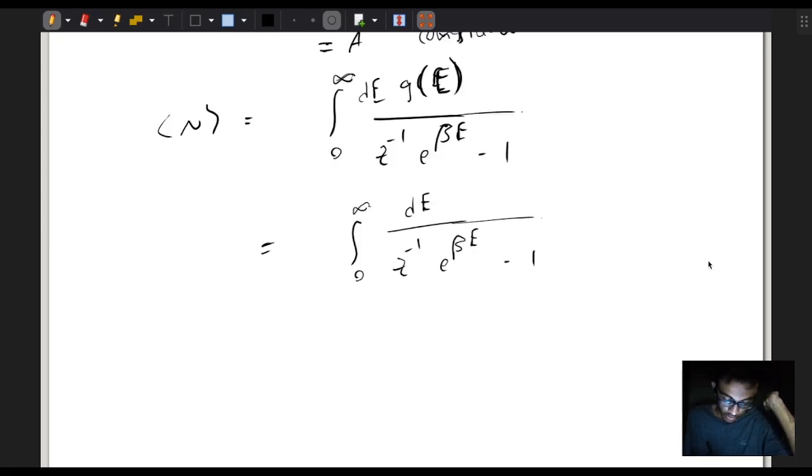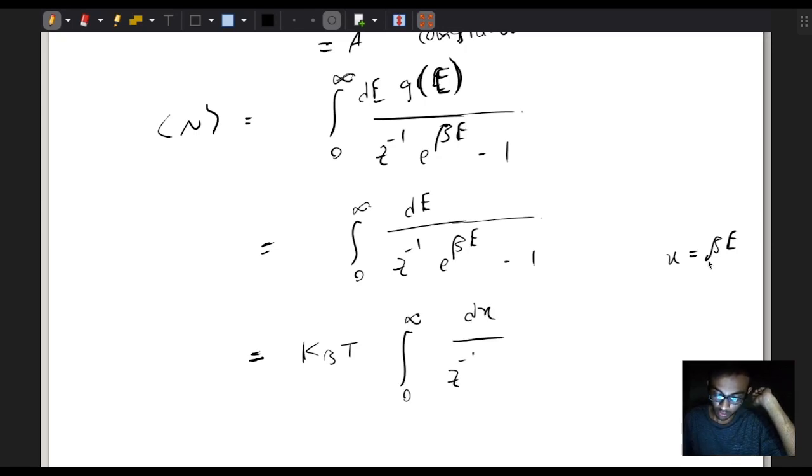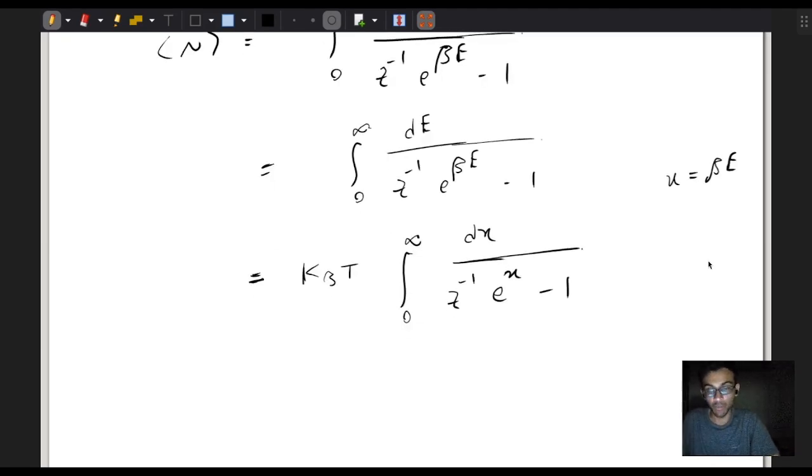Let's just do the usual change of variable so that we can write this as some function of temperature times our familiar friend, kBT times the Bose-Einstein function.